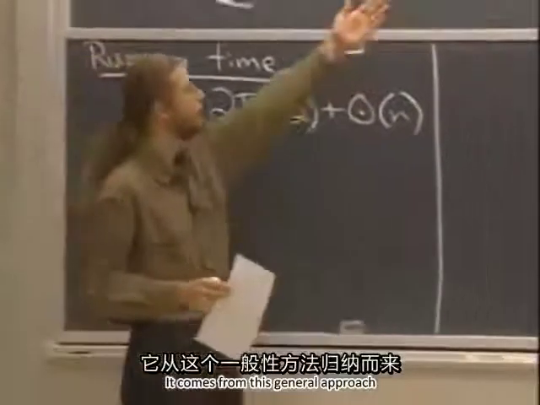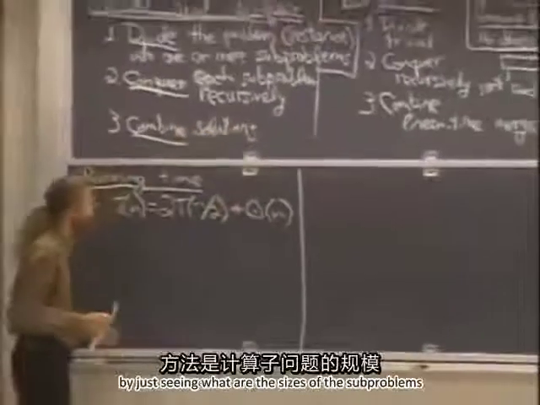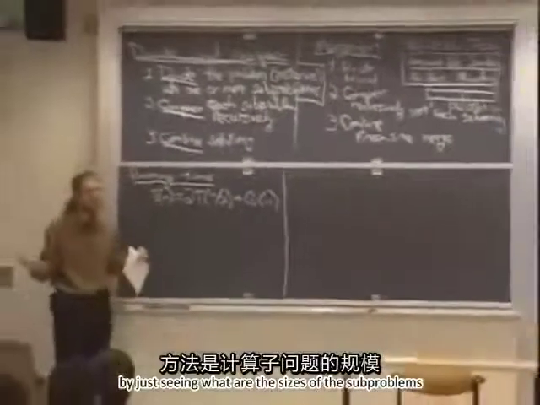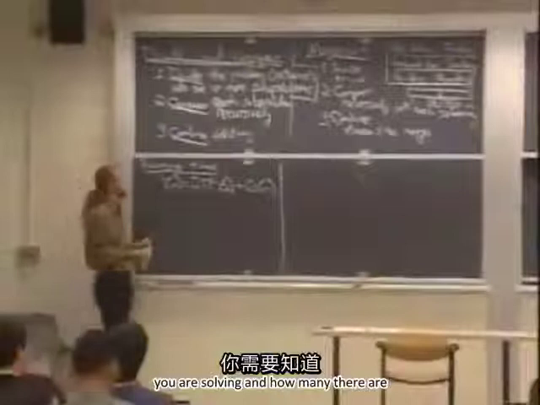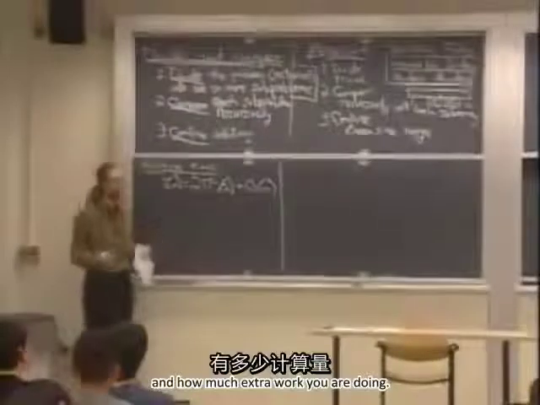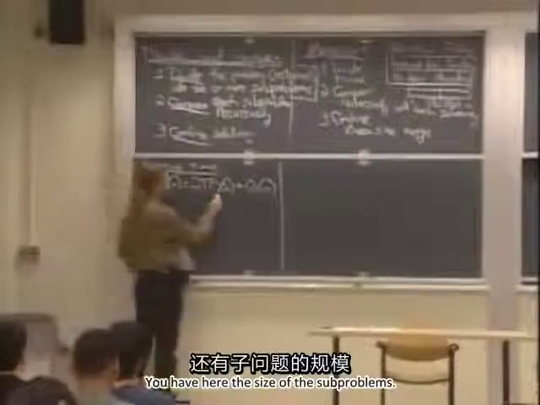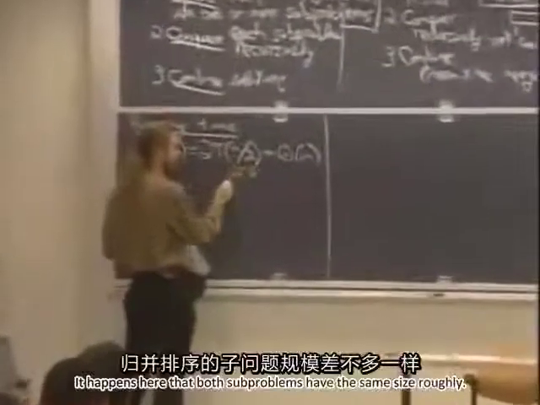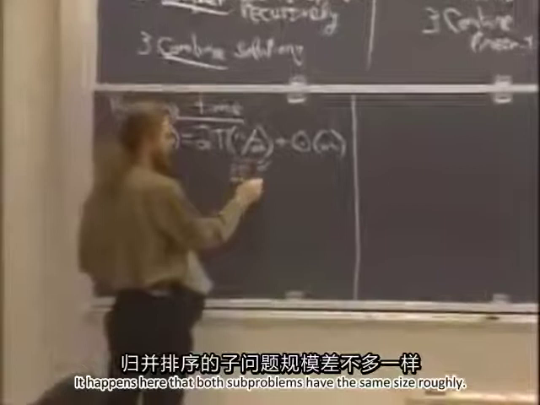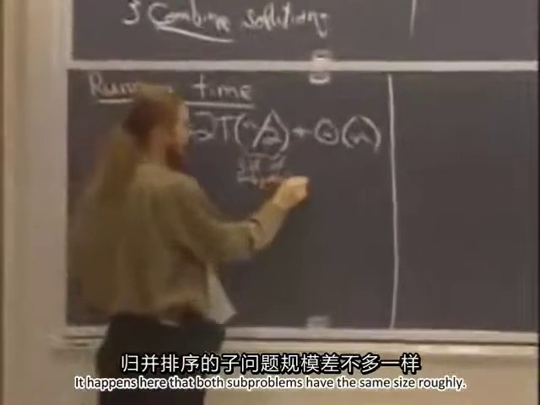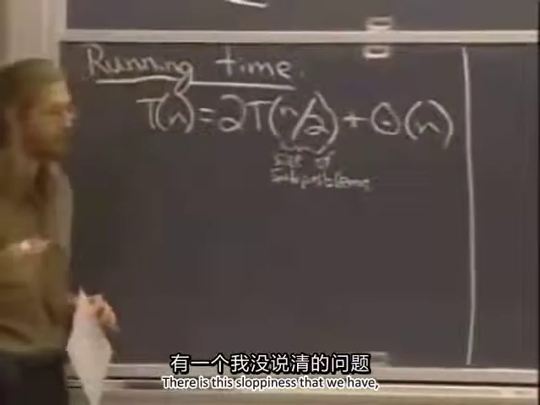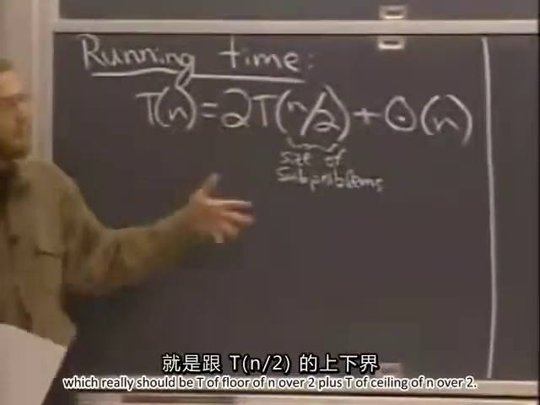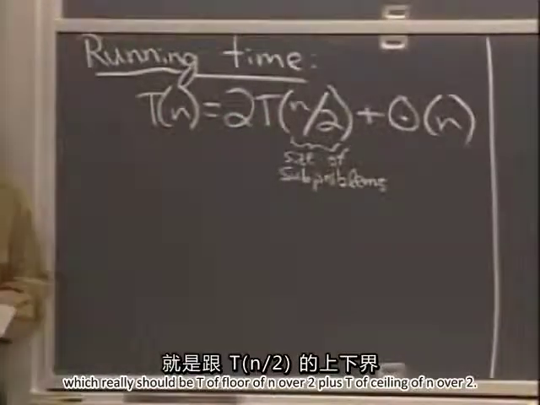It comes from this general approach by just seeing what are the sizes of the subproblems you're solving and how many there are and how much extra work you're doing. So you have here the size of the subproblems. It happens here that both subproblems have the same size, roughly. There's this sloppiness that we have, which really should be T of floor of n over 2 plus T of ceiling of n over 2.